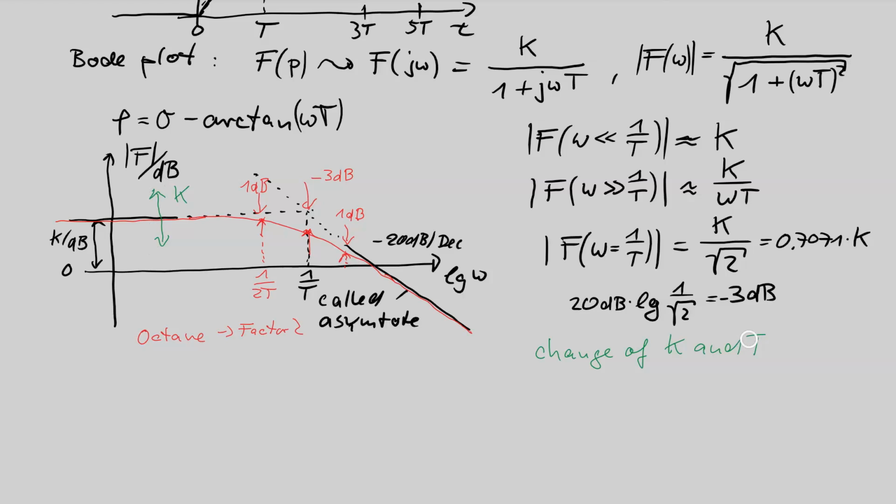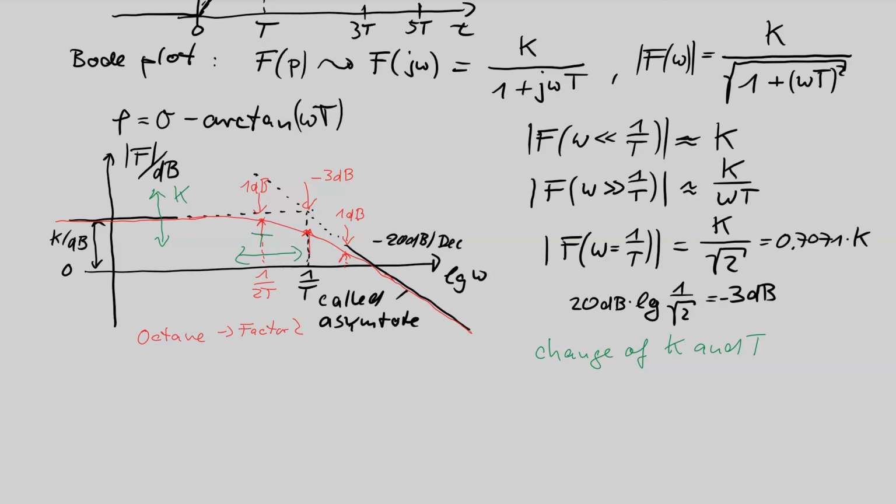If we change t and k is constant, this distance is the same, but then this point runs to the left or right side. So we can say this curve changes the position horizontally if t is changed.